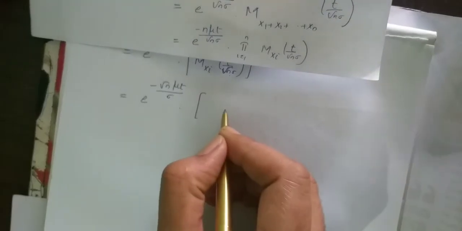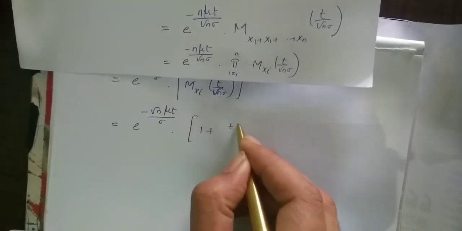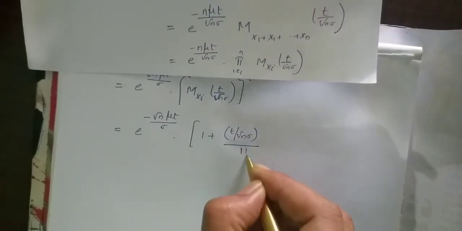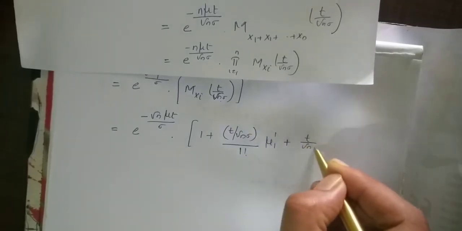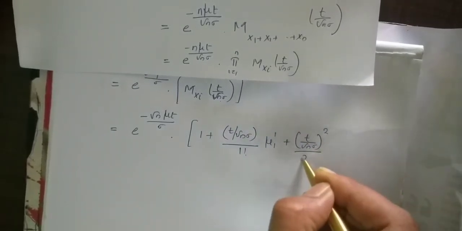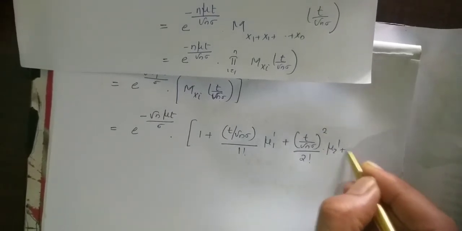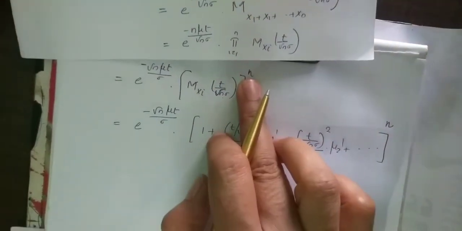So we are writing this as 1 plus t by root n sigma divided by 1 factorial into mu1 dash plus (t by root n sigma) whole square by 2 factorial into mu2 dash plus etc., all raised to n.